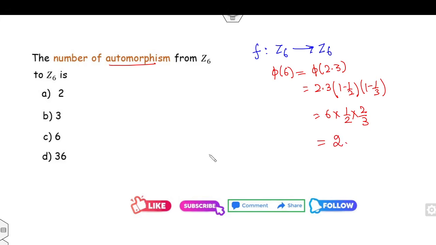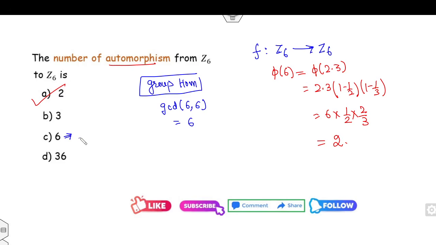The right answer of this problem is 2. If somebody asks you to find the number of group homomorphisms, since they are finite to finite, then it is the GCD of 6 comma 6, that will be 6. In that case this will be the right answer.